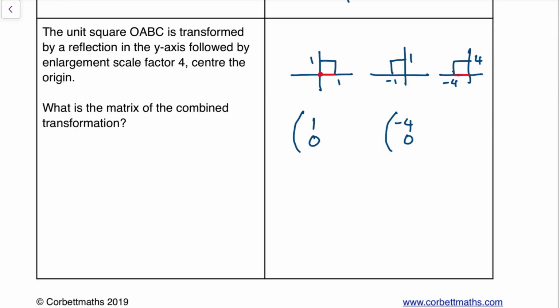And my original 0, 1, which I'll do in green, which is this one here, well, it stays in the same direction, it just moves up 4 times. So in other words, 0, 1 goes to 0, 4. And this is my transformation matrix, because that's exactly what I'm doing. I'm changing the unit vectors into these new vectors, not unit vectors, in the relative direction.